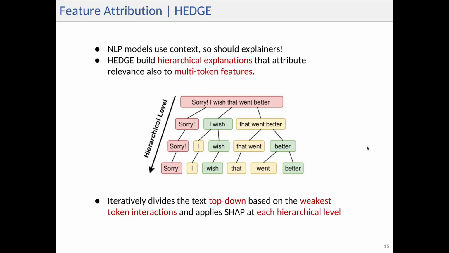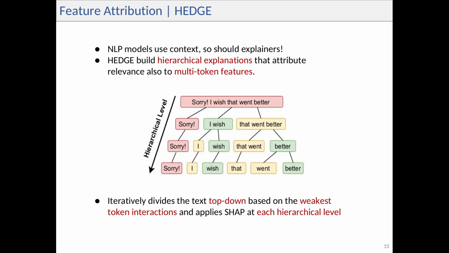The way it's broken down is based on weakest token interaction. However, that's not super important. You can use whatever idea you want to break the tokens apart, as long as you keep applying SHAP or a feature attribution method at each hierarchical level. That's the important part. This way you get a more holistic perspective on feature importance at multiple granularity levels.